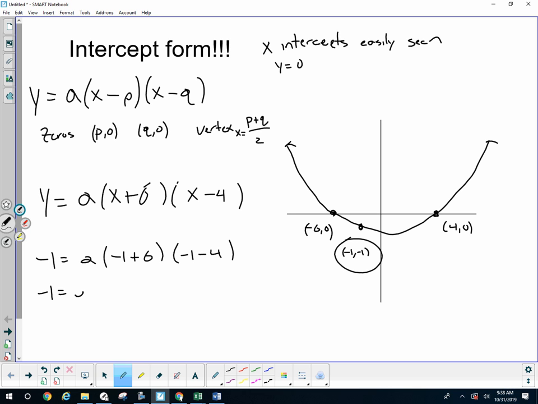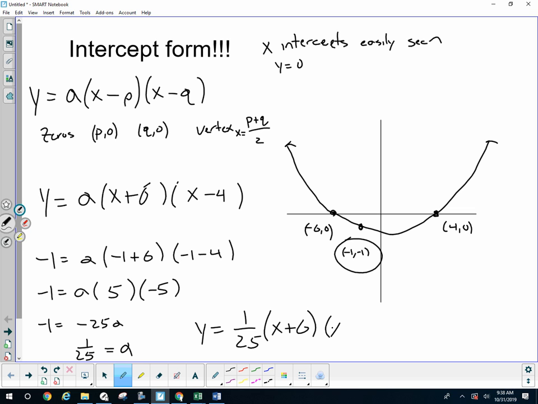Get -1 equals A times, this is 5, this is -5. So I get -1 equals -25 times A. A is equal to +1 divided by 25. I hope this fraction isn't scaring you, but we have a very wide parabola.